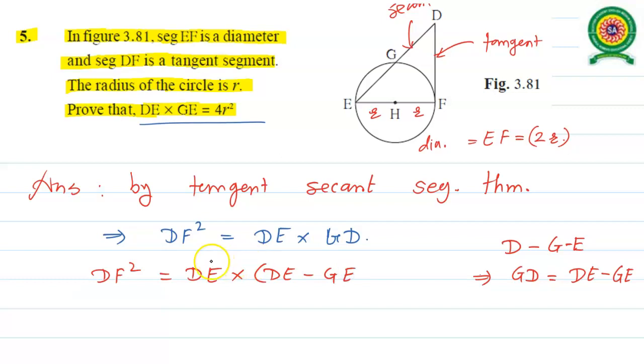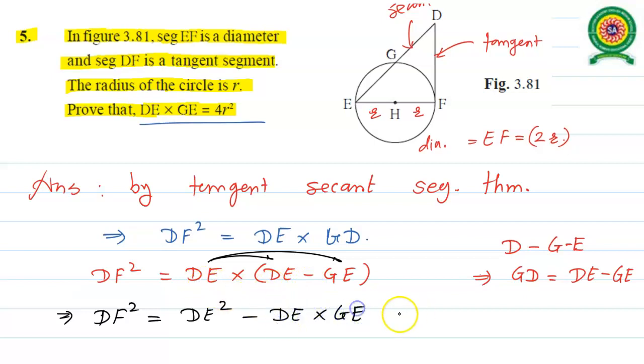Now once we distribute this DE over the bracket, we get DF square is equal to DE into DE, itself 2 times multiplication gives us a square, minus DE into GE. Let's call it equation number 1.